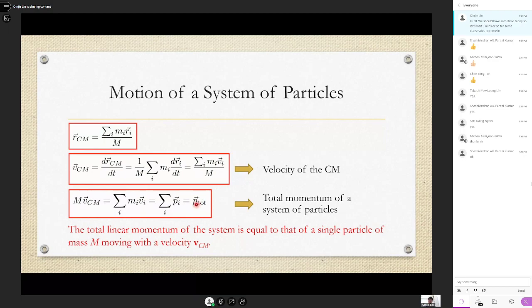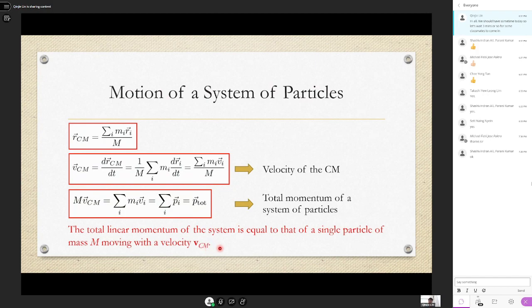So it's the total momentum. mv is the momentum, so this is the total momentum. What this means is the total linear momentum of the system is equal to that of a single particle of mass M moving with velocity v_cm.